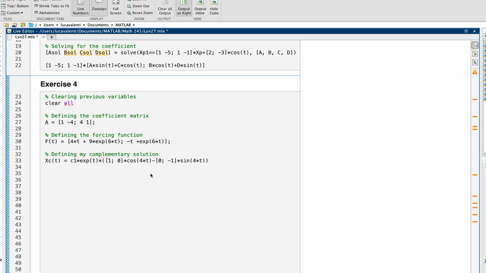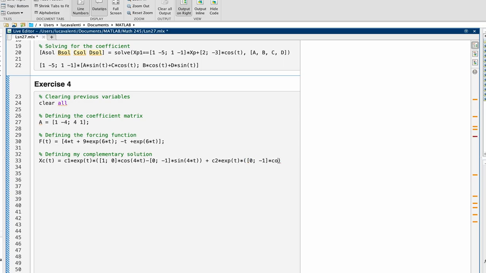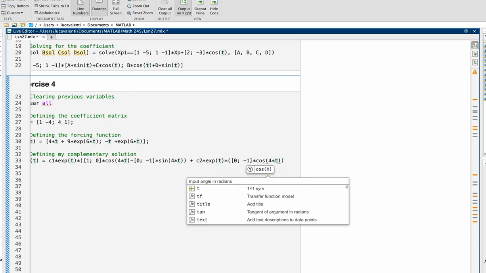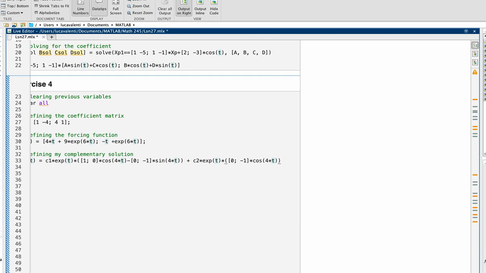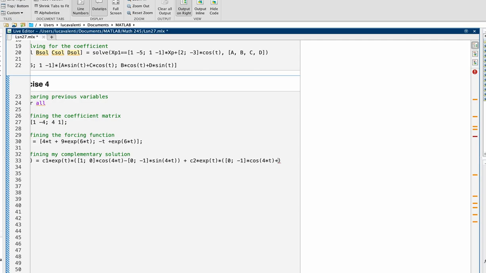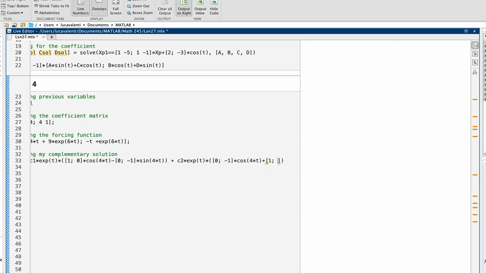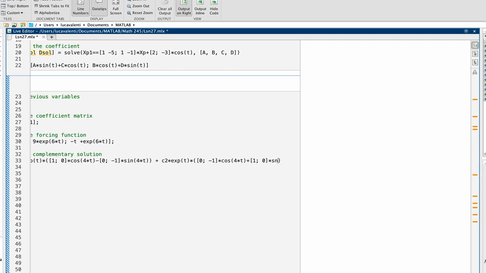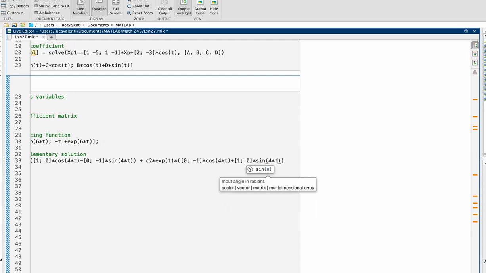And that's going to be my first term. Then c2 times e to the t times 0 and -1, all multiplied by the cosine of 4 times t. And then we have plus the vector 1, 0 times the sine of 4 times t.